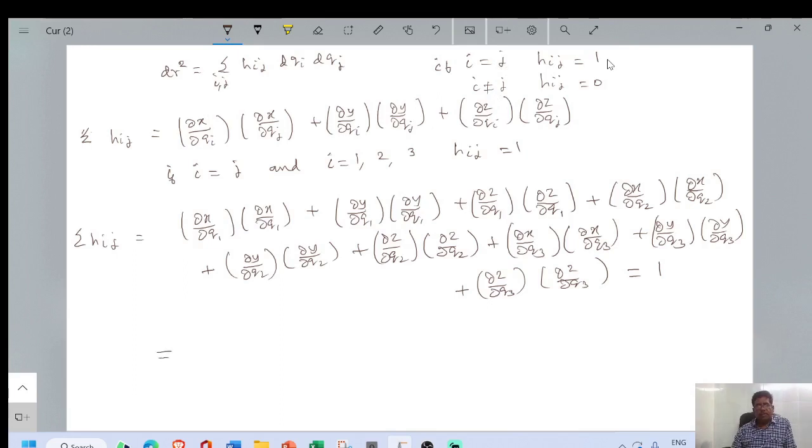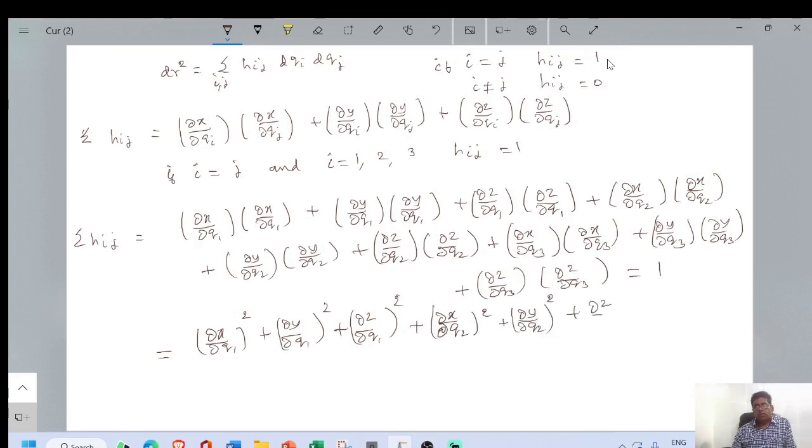Now this is modified as (∂x/∂q1) square plus (∂y/∂q1) square plus (∂z/∂q1) square plus (∂x/∂q2) square plus (∂y/∂q2) square plus (∂z/∂q2) square plus (∂x/∂q3) square plus (∂y/∂q3) square plus (∂z/∂q3) square equal to 1.